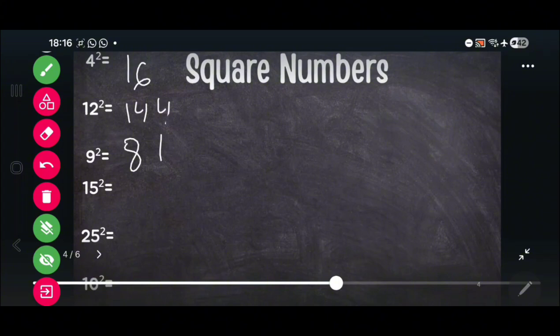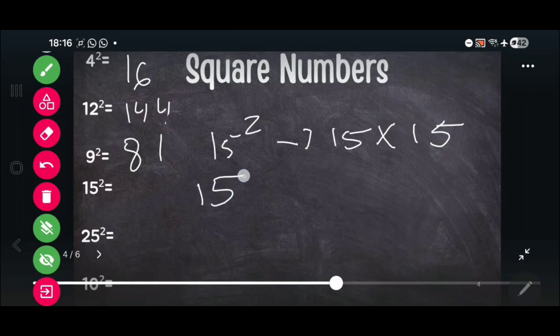15 to the power of 2 would look like 15 times 15. So let's do a long multiplication over here. 5 times 5 would be 25, 2 over here. 5 times 1 would be 5, add the 2 would be 7.